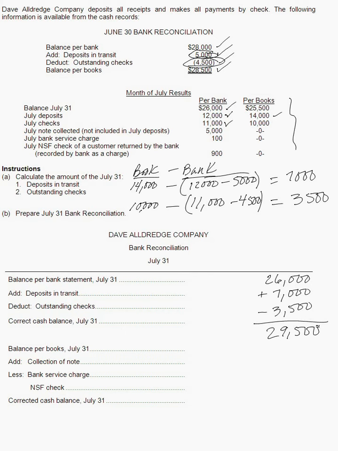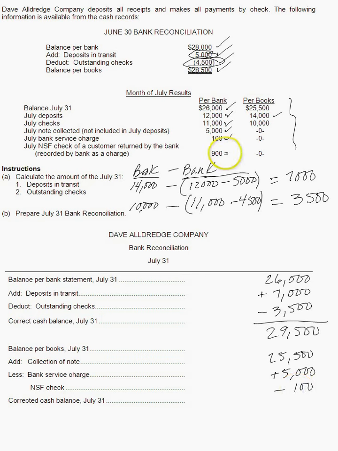So let's see if we can then get that to match with our book balance. Our unadjusted cash ledger balance was 25,500. Now let's look at the information that we have here. The bank collected a note on our behalf, so we're going to add 5,000 for a collection of a note. The bank charged us a $100 service charge, so we're going to subtract $100.